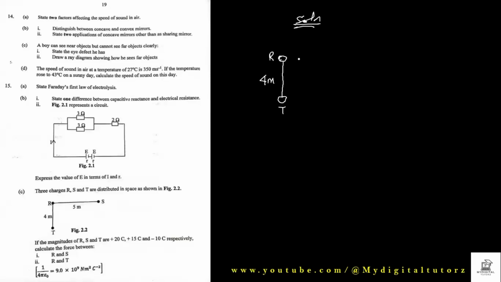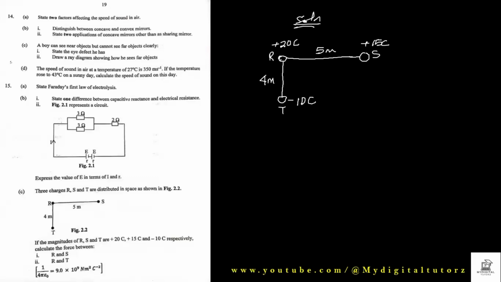And the distance between charge R and charge S is given to be 5 meters. So it is given that the magnitude of charge R is plus 20 Coulomb and the magnitude of charge S is plus 15 Coulomb as well, while the magnitude of charge T is minus 10 Coulomb.